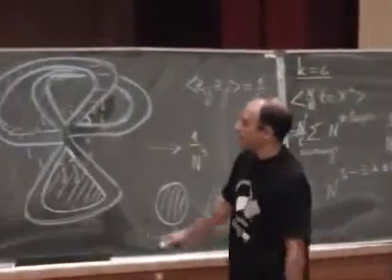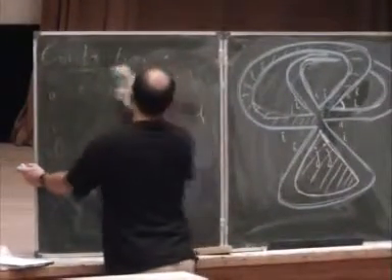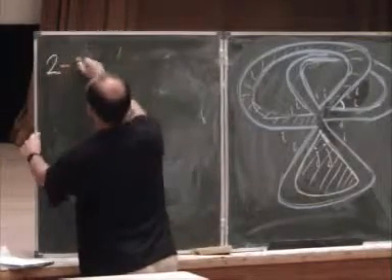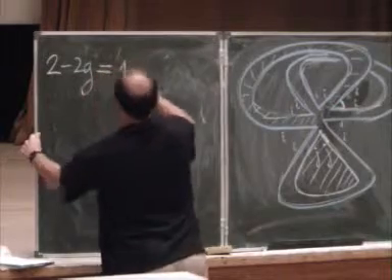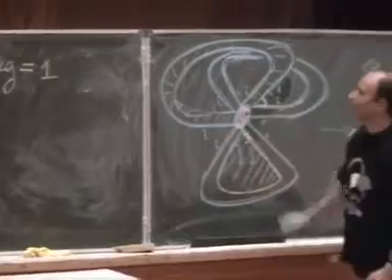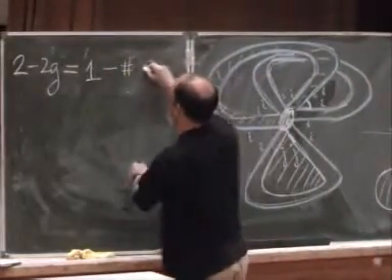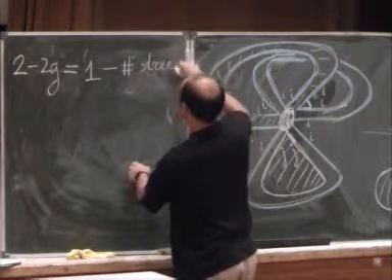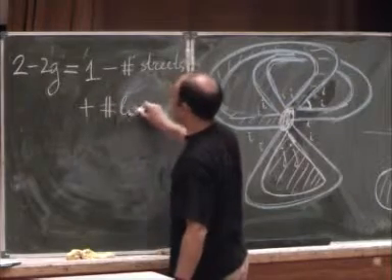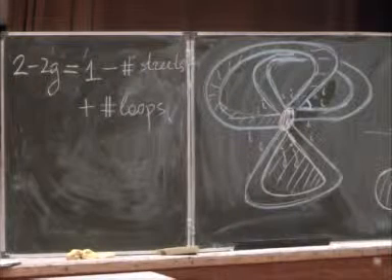So here I say that the genus of the surface, well, 2 minus 2G, is equal to 1 because there is just one vertex here, minus the number of edges, the number of streets, and plus the number of loops, because I glued a disk into every loop.